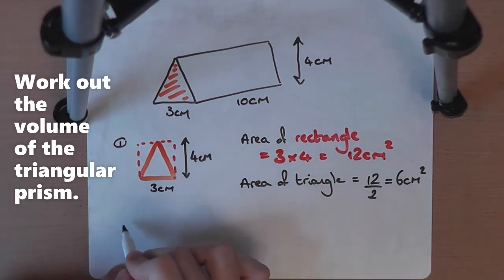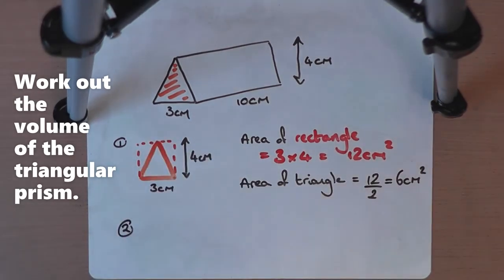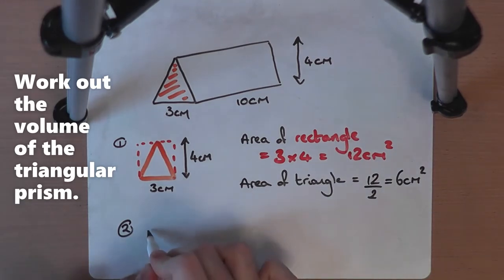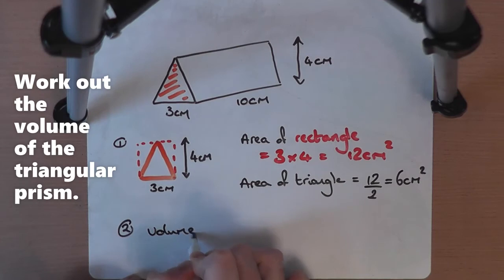My second step then is to take that area of the front face of 6 centimetres squared, worked out by working out the area as we normally would for that shape. We don't abandon the rules just because this is a slightly different thing. We are still working out the area of that shape in the way that we would expect to. What I'm now going to do though, to finish this question, I can now work out the volume.